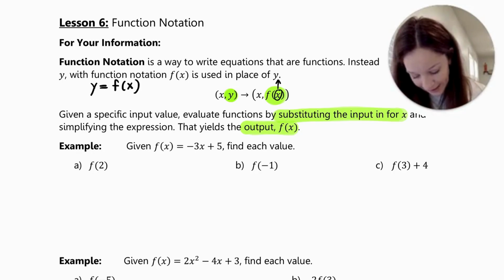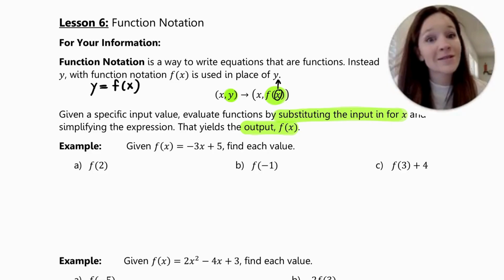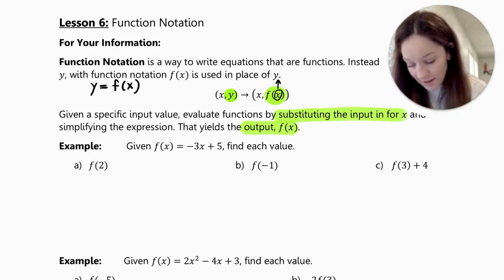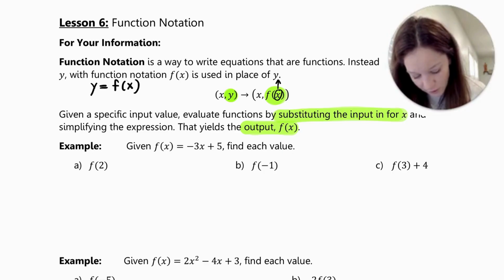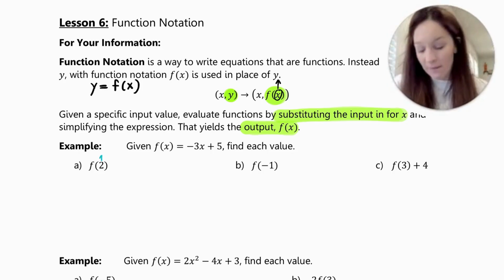So we're going to jump right into our examples. What we're looking at here is the example f of x. Remember, f of x is really just y in disguise. And it's equal to negative 3x plus 5. It's asking us to find each value. I'm going to dive right into it with an example and explain that process.